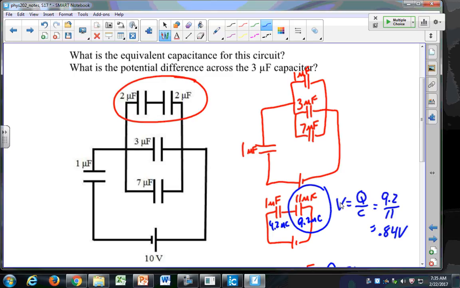I know that I have 0.84 volts here, and here I have 9.16 volts. And then on these 2 microfarad capacitors, I have, well gosh, what do I have on that 2 microfarad capacitor? Is it 0.84? No, it's what?